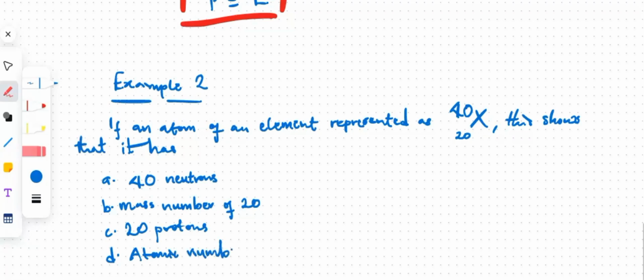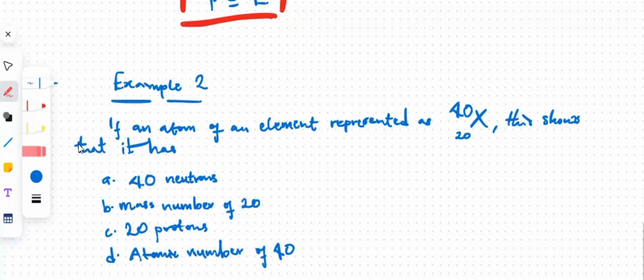So 40, 20. What can we say from this? Is it that there are 40 neutrons? No, because we say this 40 is the sum of the number of neutrons and the number of protons.